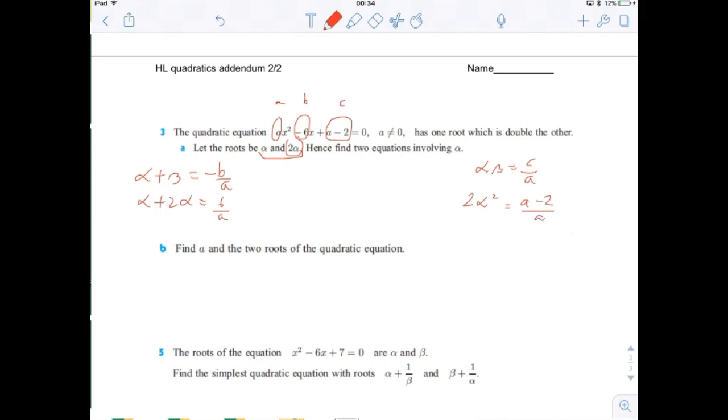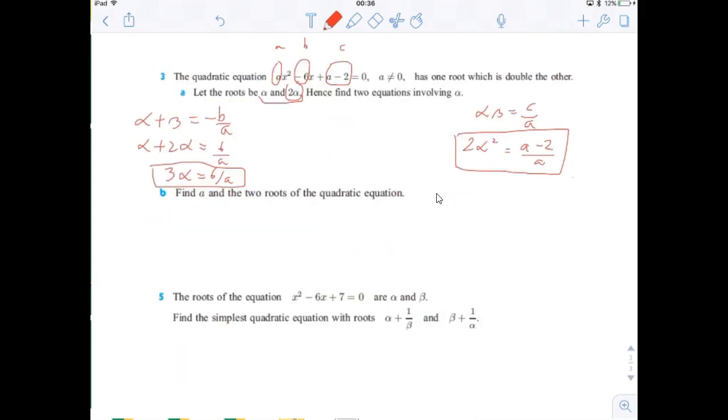It says to find two equations involving alpha. We basically are there. We could simplify this one to 3 alpha equals 6 divided by a, right? And then this one here is pretty much as simple as we can get.